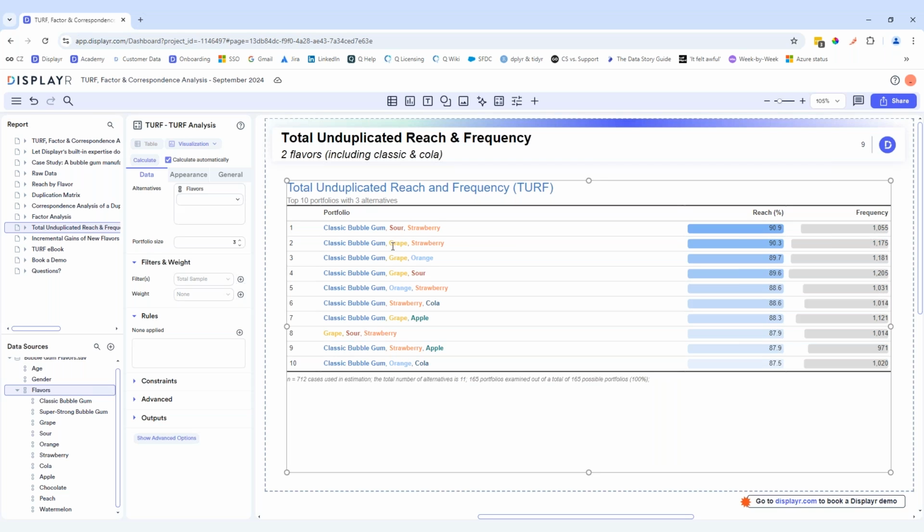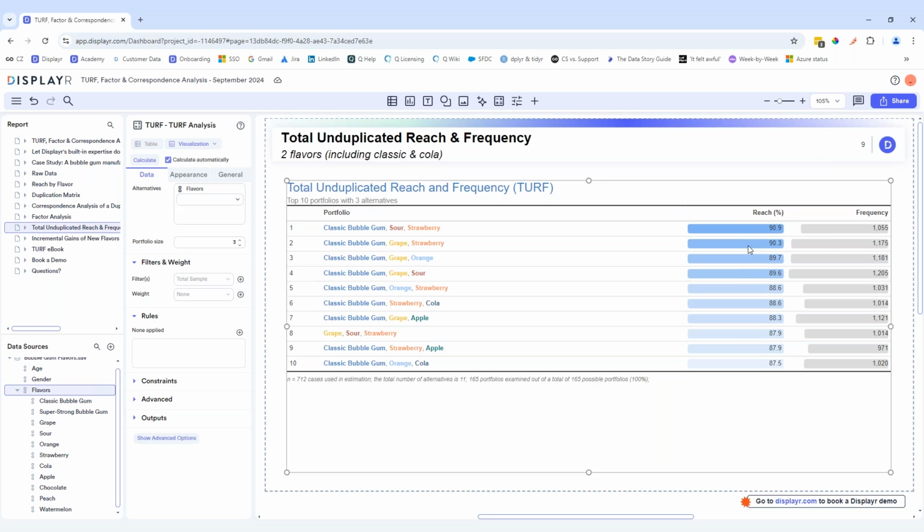It has classic bubblegum and grape, and we know those 2 flavors have high duplication. So since these top 2 portfolios don't differ a lot, with the best portfolio only being 0.6% better than the second best, we have a lot of flexibility in choosing our best portfolio, and we can actually trade off tactical and operational factors when making our decision.